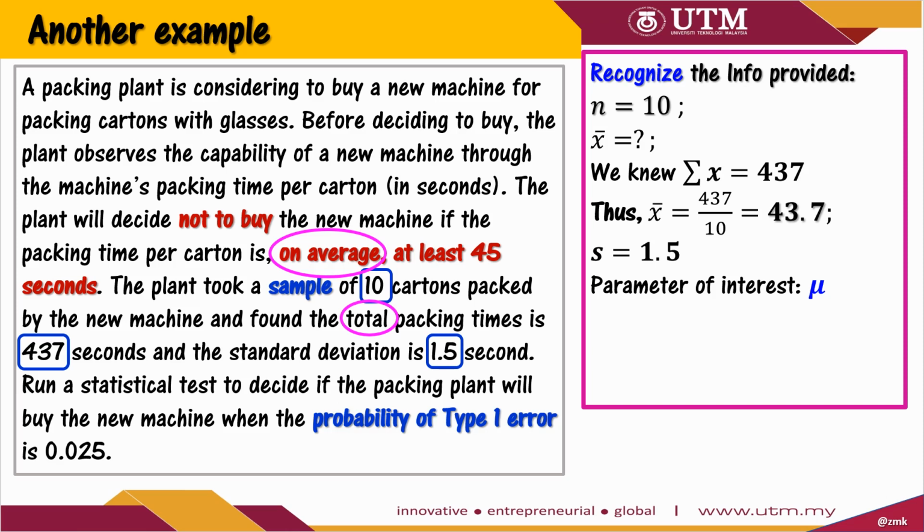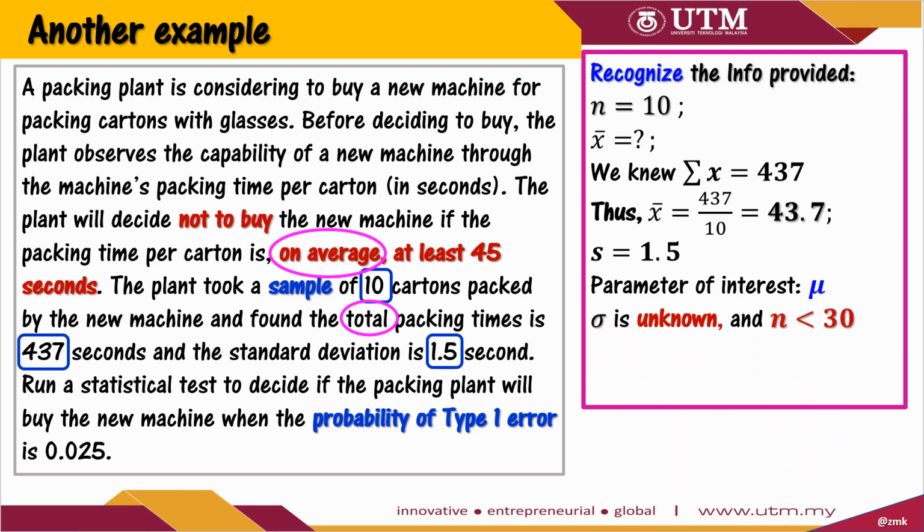Since it is mu, then again we need to identify which of the three cases we should use here. First, look at whether the population variance sigma squared or standard deviation sigma is known or not. From the question, we do not have any information on sigma squared or sigma.